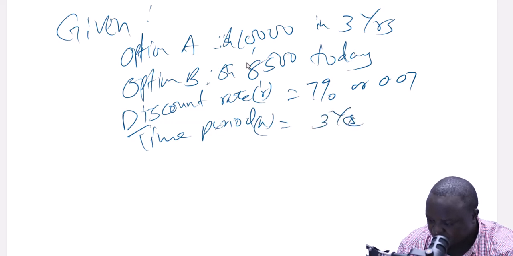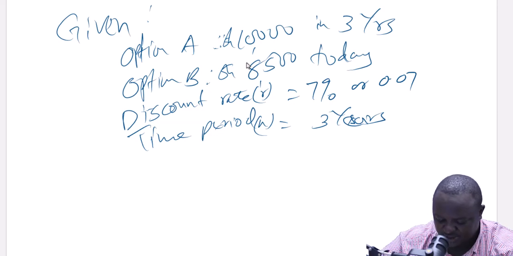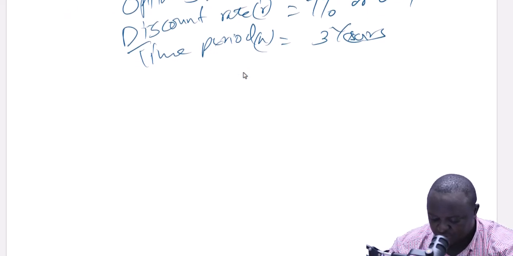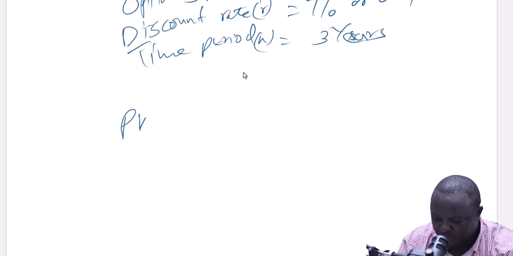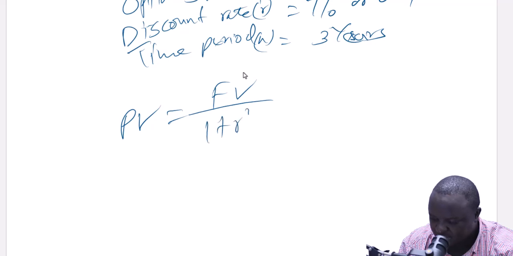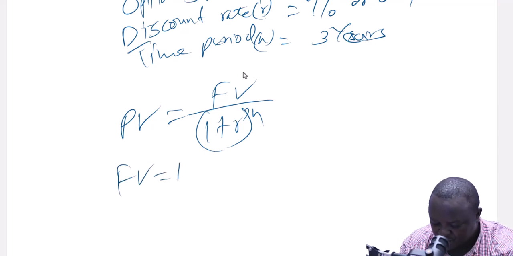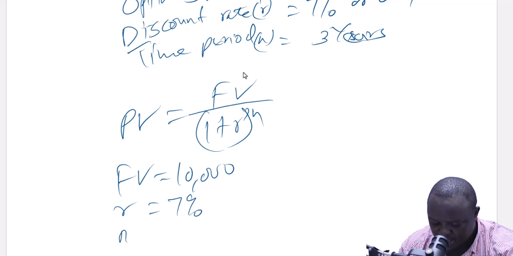So present value equals the future value divided by 1 plus the rate, in brackets, raised to power n, where our future value is 10,000, our rate is 7%, and our time period is 3 years.